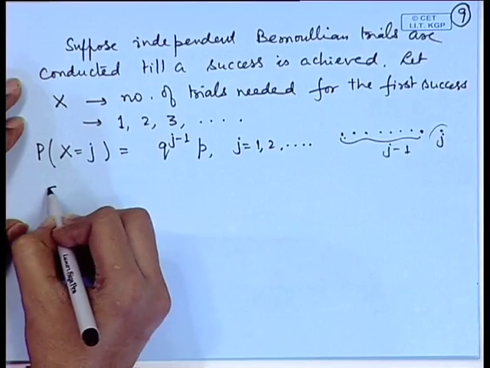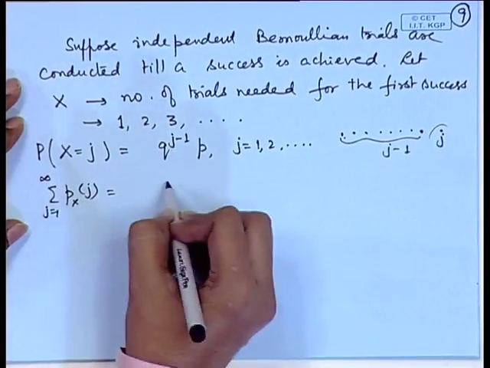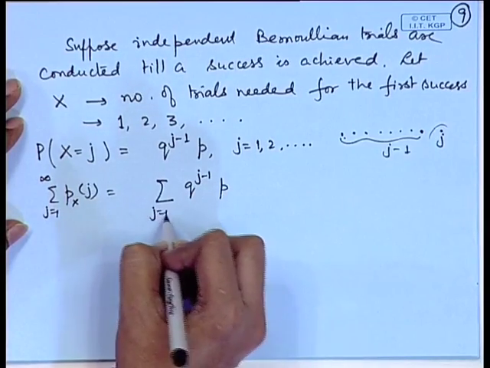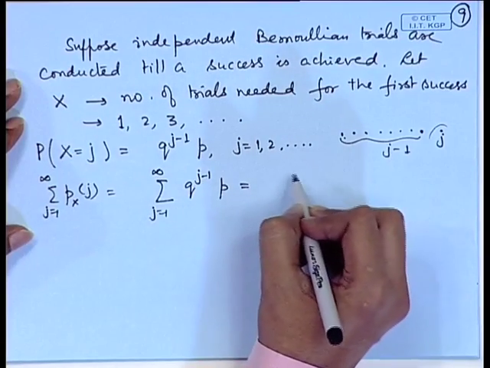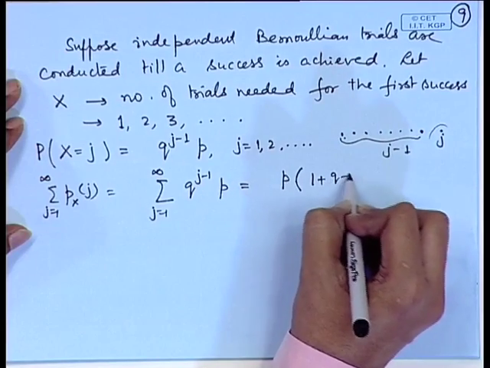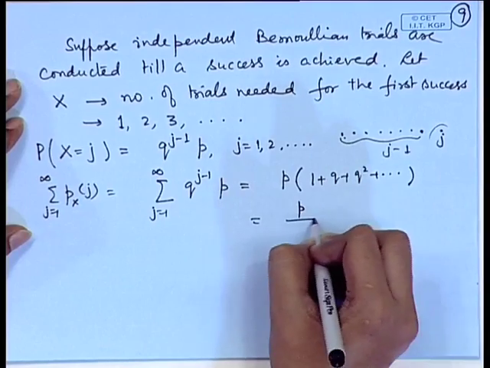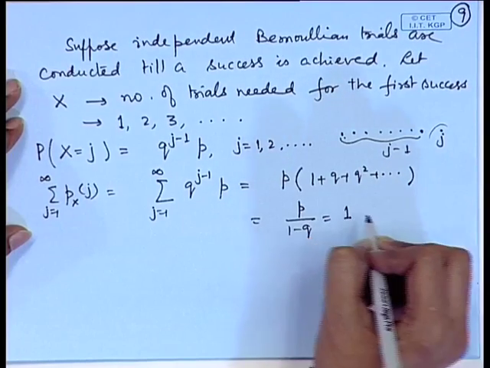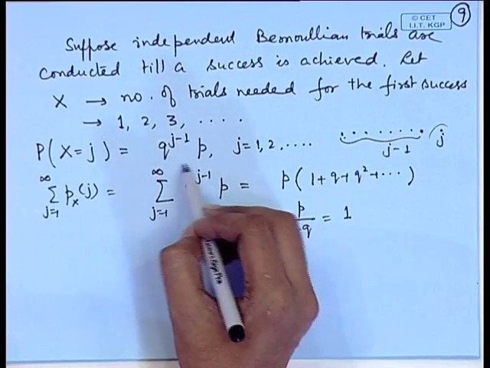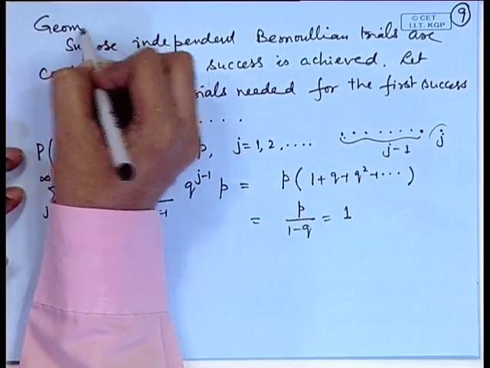So, if we look at sigma p X j, j equal to 1 to infinity, that is equal to sigma q to the power j minus 1 into p, j equal to 1 to infinity, that is equal to p times 1 plus q plus q square and so on, an infinite geometric series. This is equal to p divided by 1 minus q, that is equal to 1. Since here the terms are from a geometric series, that is why this is known as a geometric distribution.